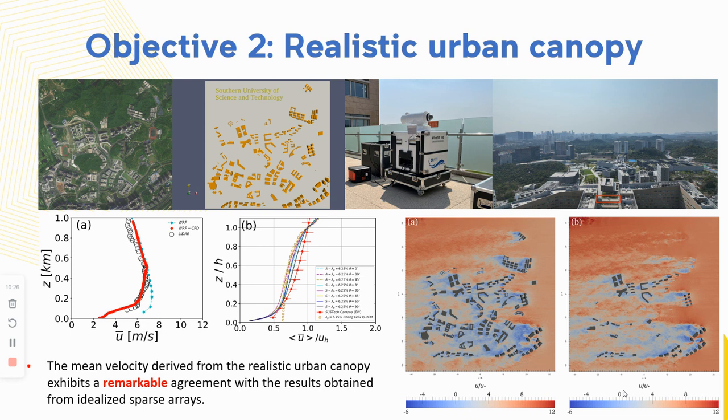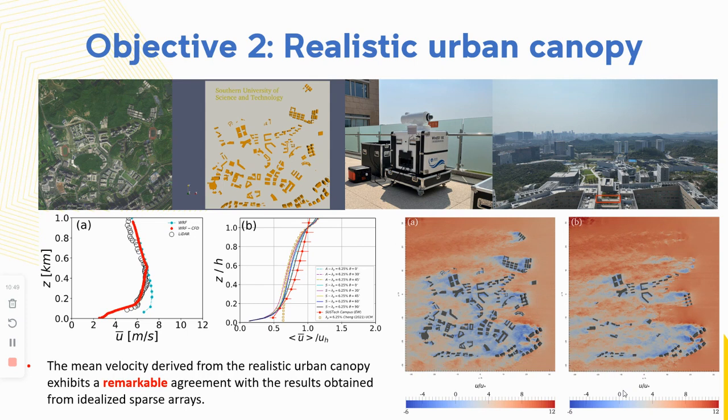We perform a real-world case using real data. We do the measurement exactly in the real world, and we choose a size close to the previous one, 6.25% packing density. We can clearly see the wind data and the LiDAR data have a significant difference inside the urban canopy layer.